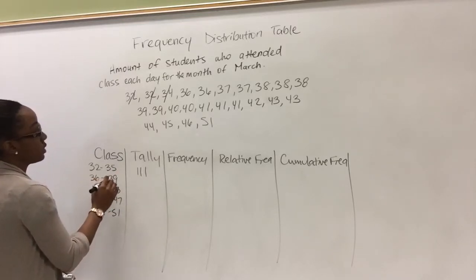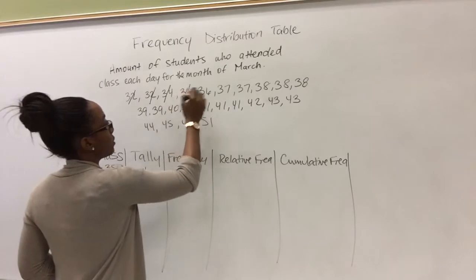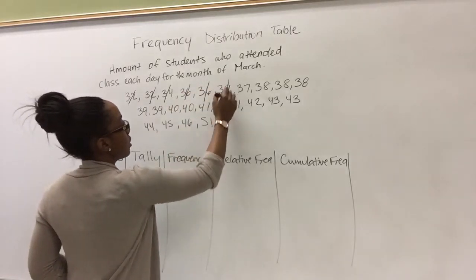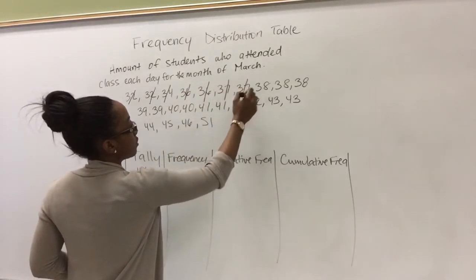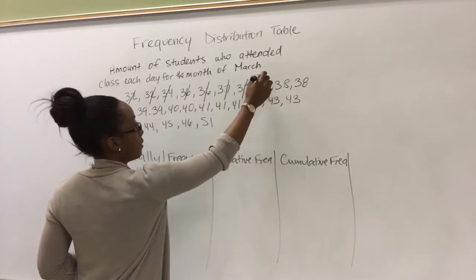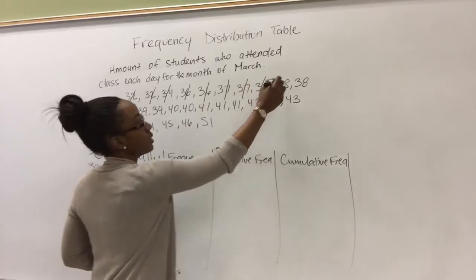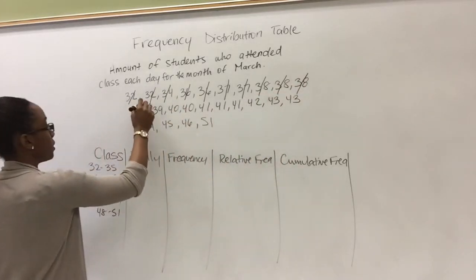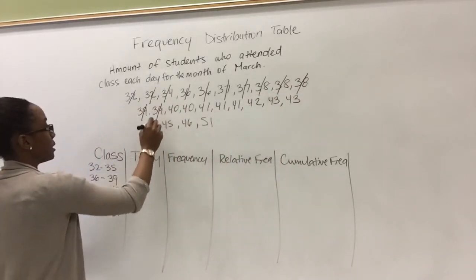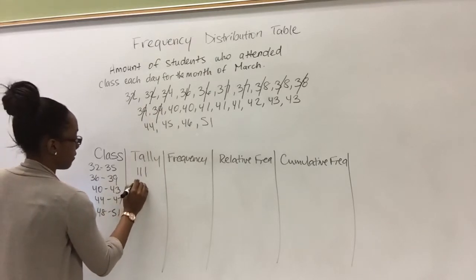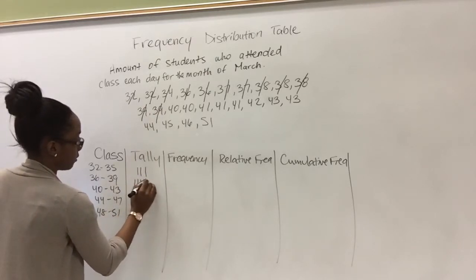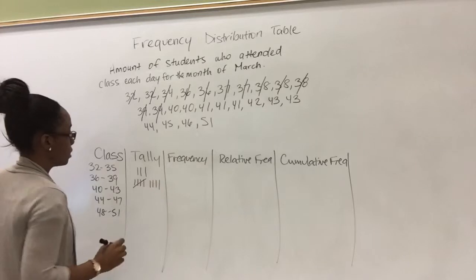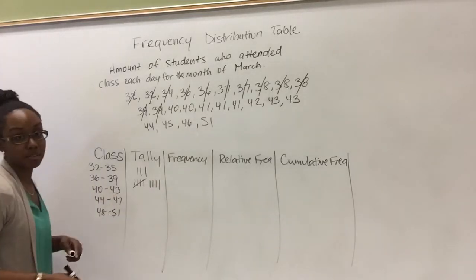For 36 through 39, you have 9 numbers here. So 9, and you would complete that for the following.